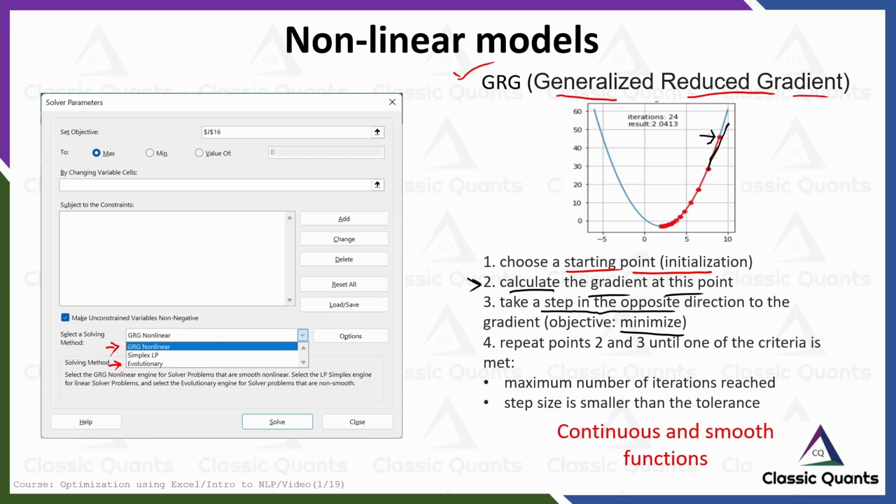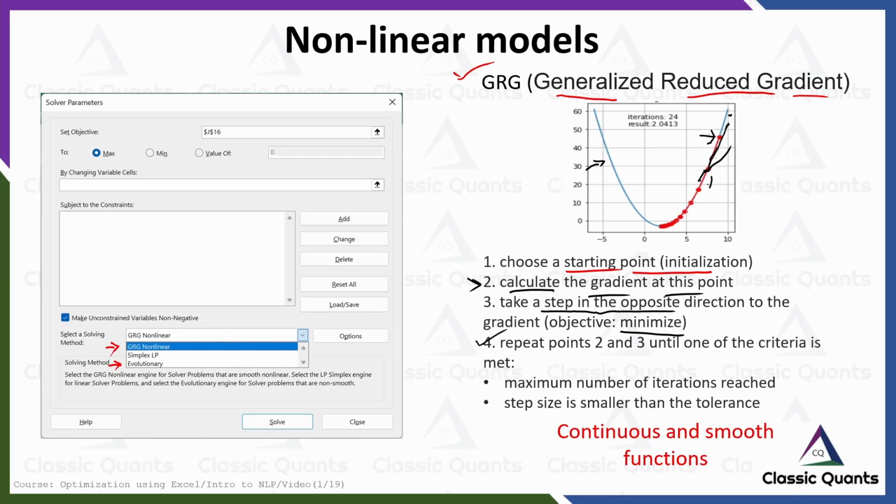So it will try to reduce the gradient, and if you see, this is a convex function, and you can reduce the gradient only if you go downwards. If you go upward, the gradient will try to increase. So it will come downwards by reducing the gradient, and then it will repeat the process.